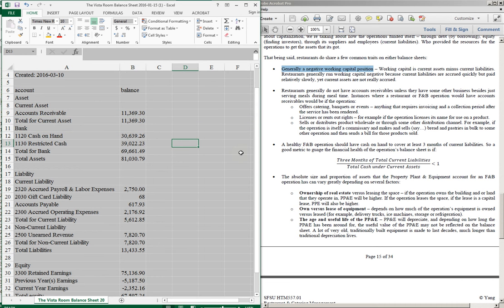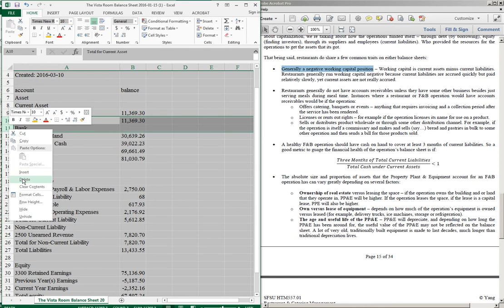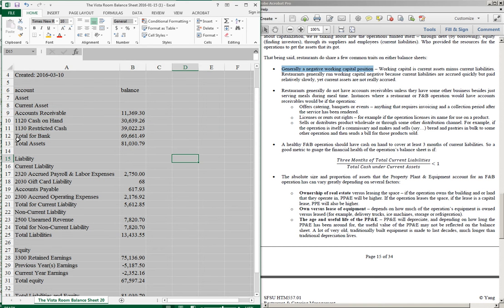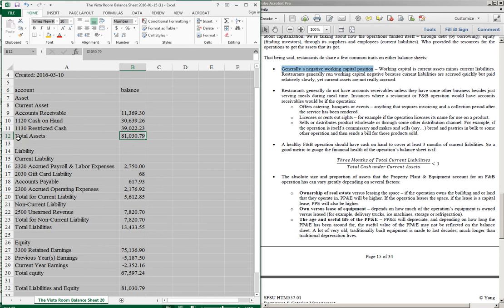So I'm going to clean this up for you guys, which is to say that I'm going to delete these two lines. Total for bank, I'm just going to delete that. And all of our assets for the Vista Room essentially are current assets.